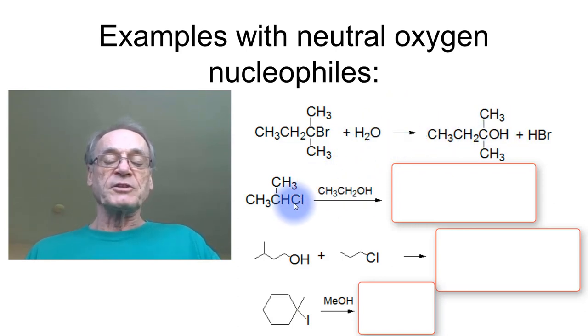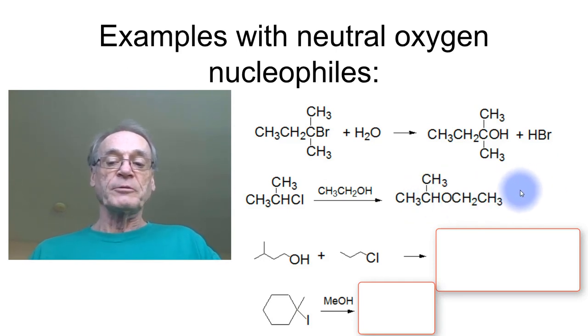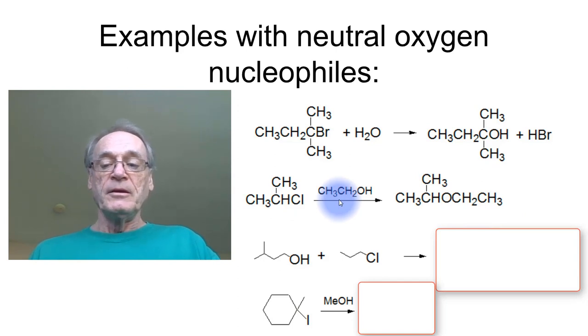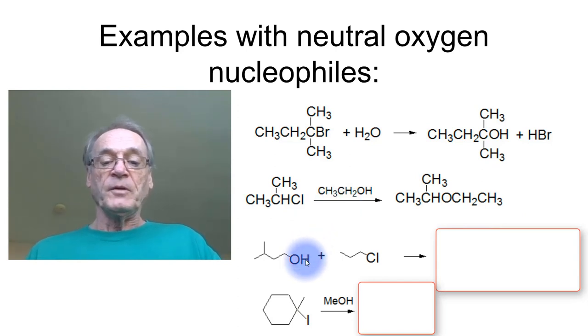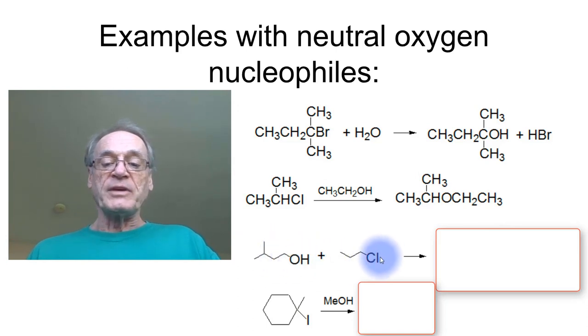Here the halide gets replaced by the whole OCH2CH3 group, and so we end up with an ether. Again, that hydrogen was on there initially, but then gets lost, and the byproduct here would be HCl. It's not written because this is not a balanced equation. In this case, the OR group, this whole thing is the R group, replaces the halogen.